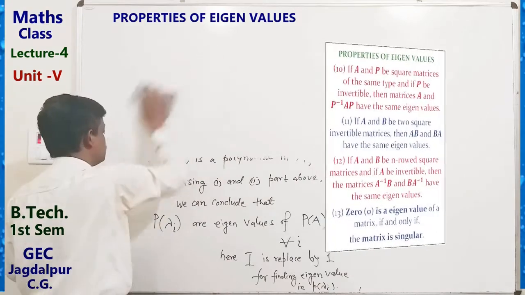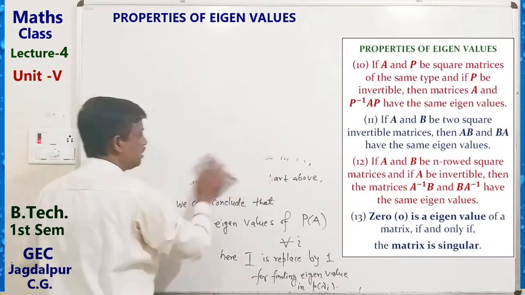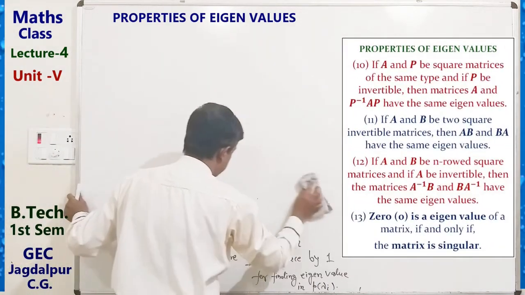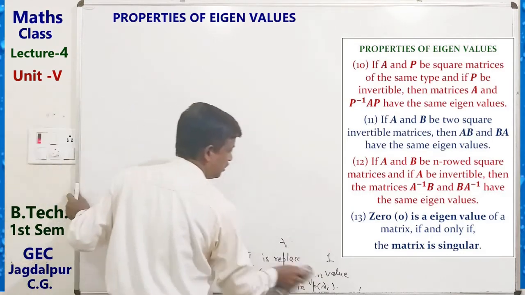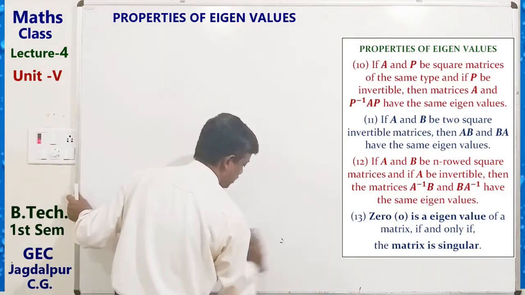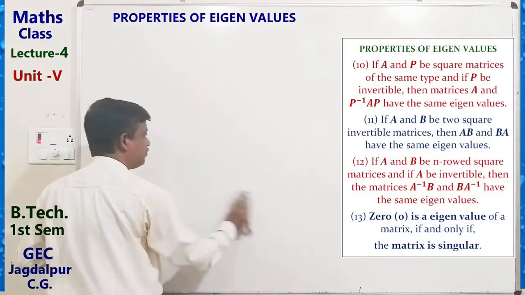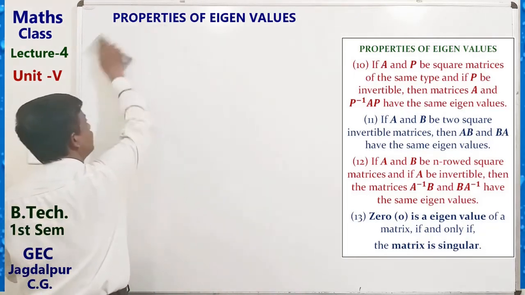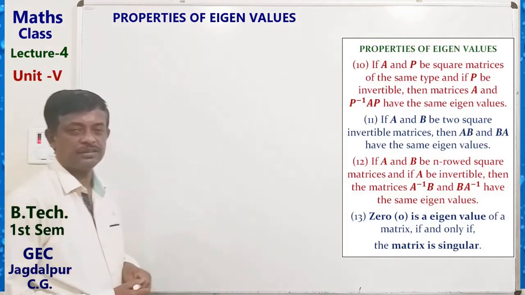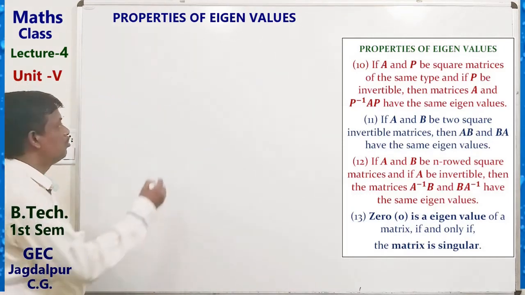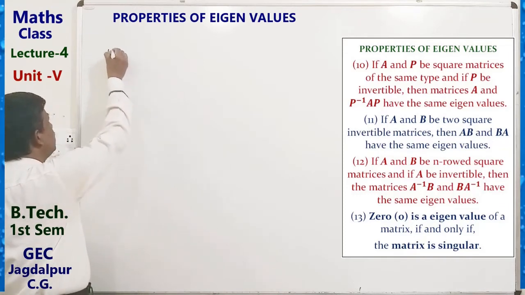For having the same eigenvalues, we consider the characteristic polynomial, since we know eigenvalues are given by the zeros of the characteristic polynomial of a matrix.